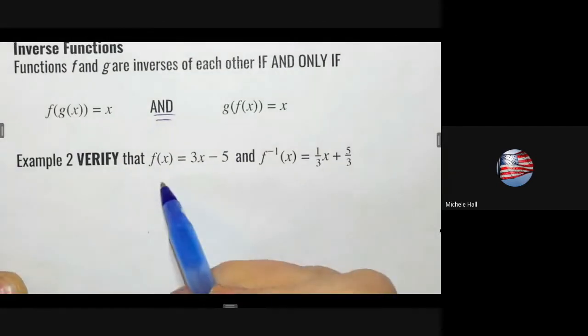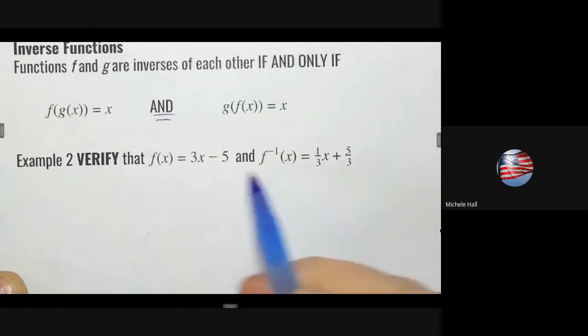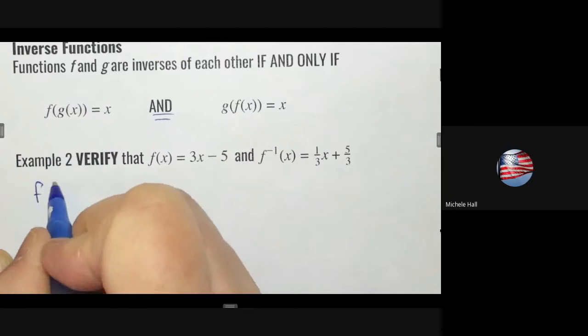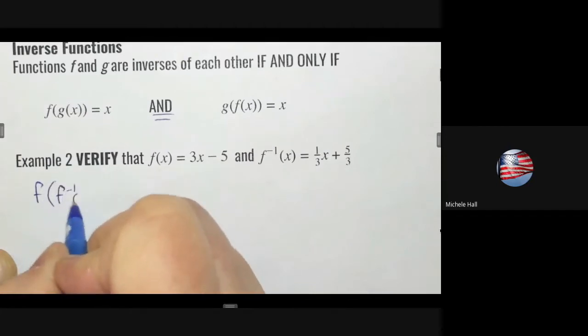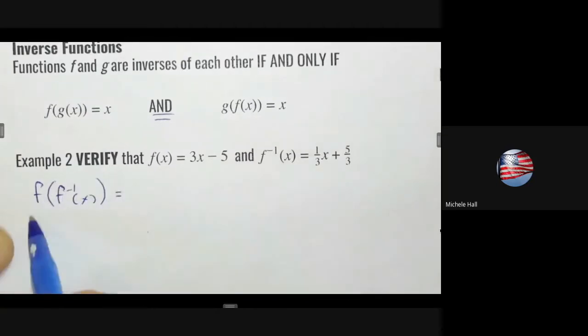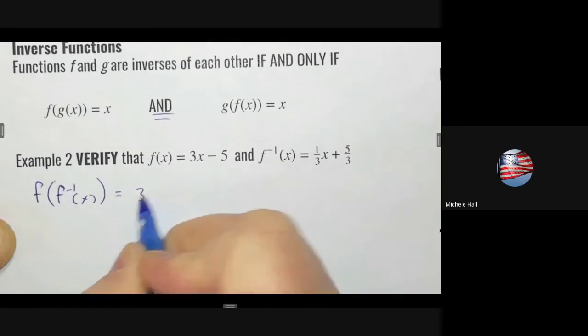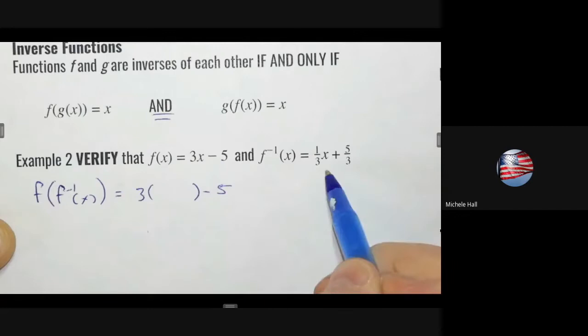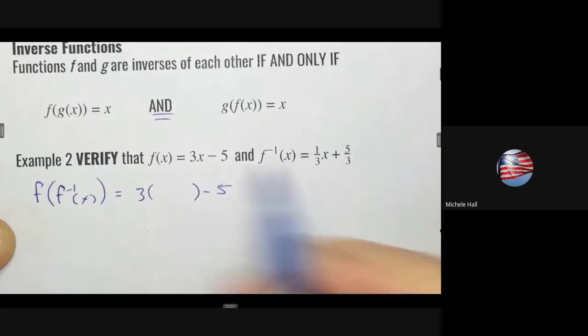We have f and f inverse of x, and we want to know, are these inverses of each other? We're going to start with the composition f of f inverse. That means I'm starting with my function f, putting a parenthesis wherever I see a variable, and substituting in the inverse.